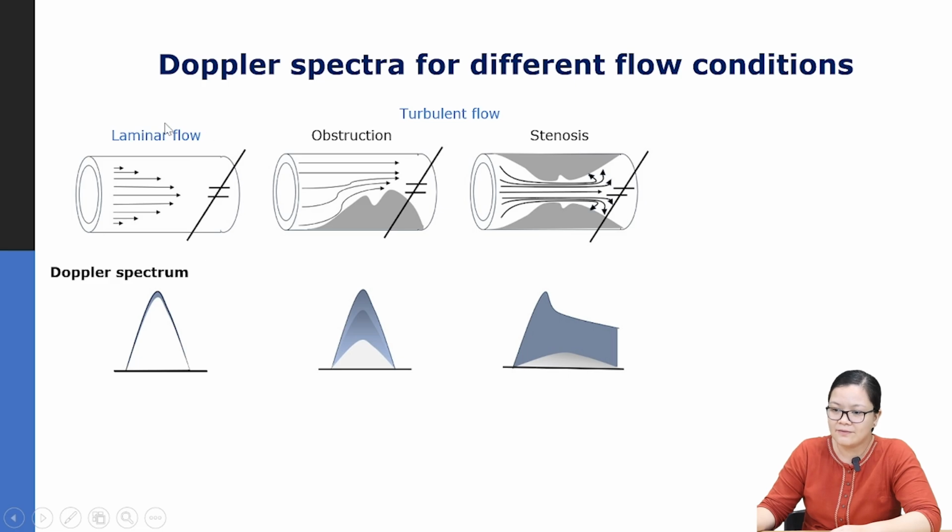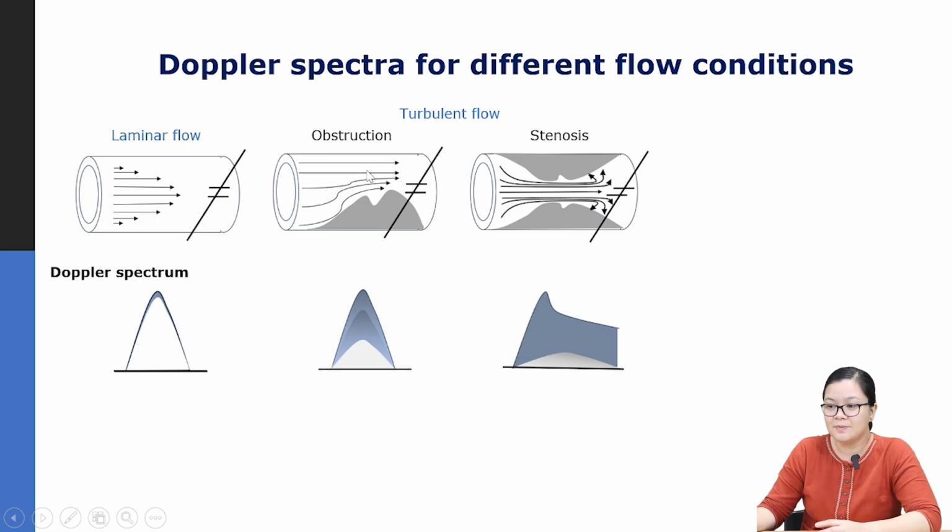So here we have laminar flow. If you have a small sample volume right here, then you would get a Doppler spectrum profile that looks like this, where typically the velocity hovers very close to each other.